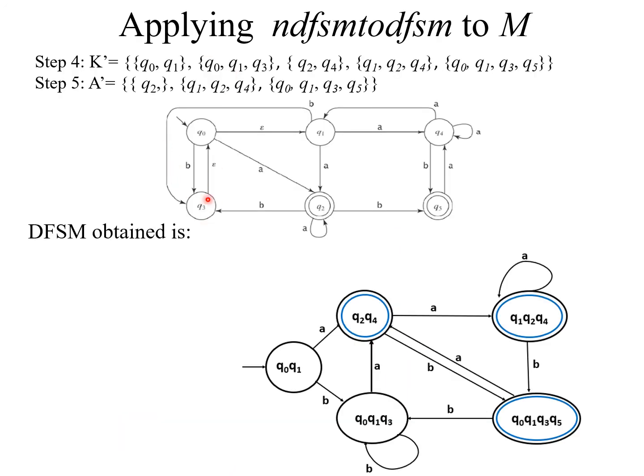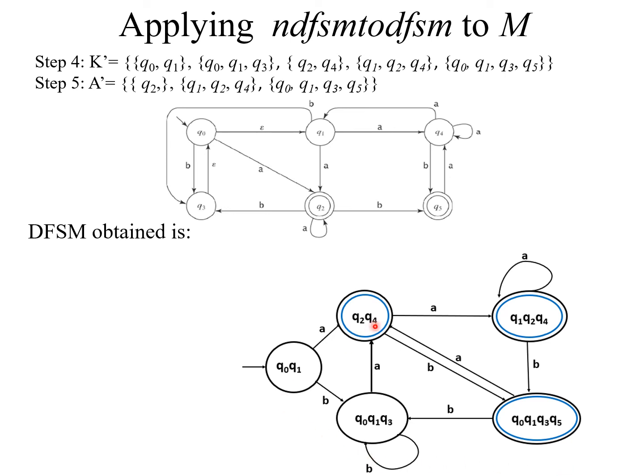So given an NDFSM of 6 states, the DFSM obtained consists of 5 states. Coming to the accepting states, in the NDFSM q2 and q5 are accepting. So in DFSM, wherever we have state q2 or q5 or both, all those states will be accepting, and the rest will be rejecting.